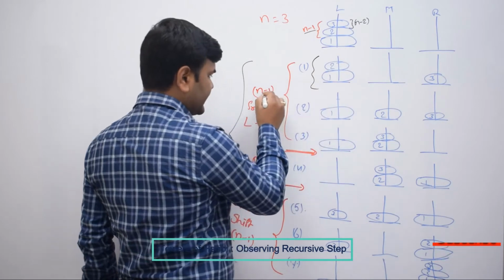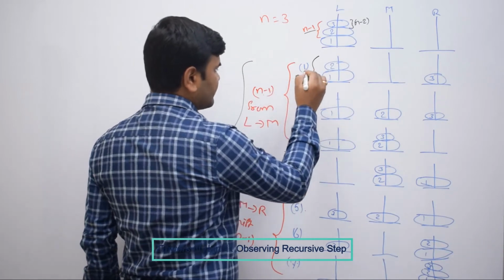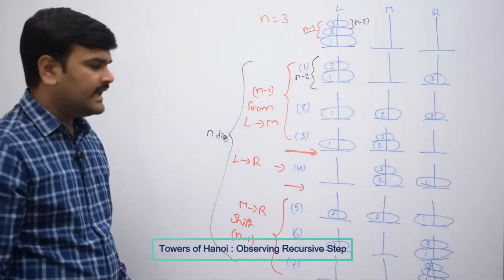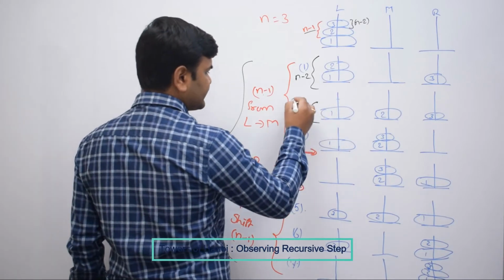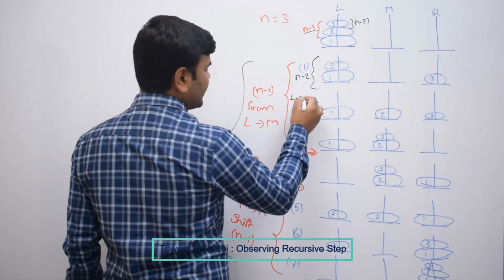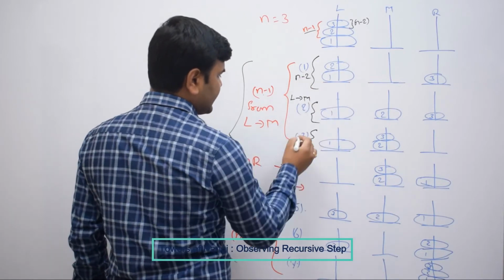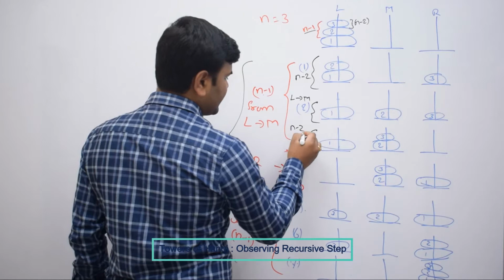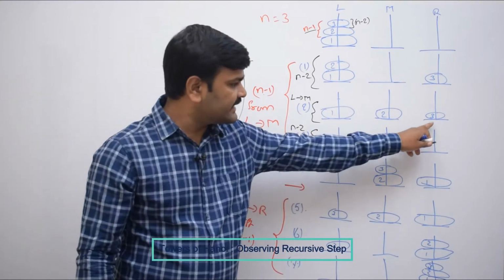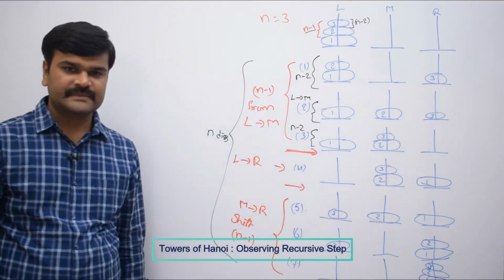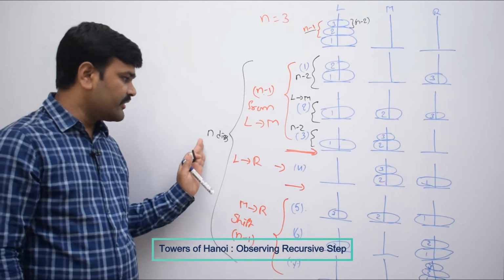Here you have n minus 1, here n minus 2 disks, and then here you are shifting from left to middle, and then these n minus 2 disks you are shifting from the right tower to the middle tower. So this is the flow of the game.